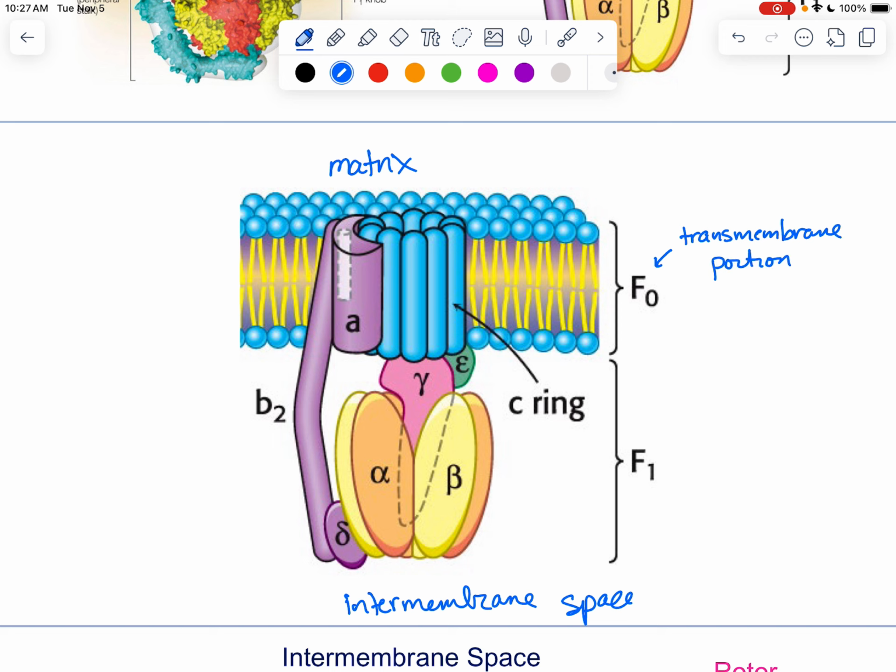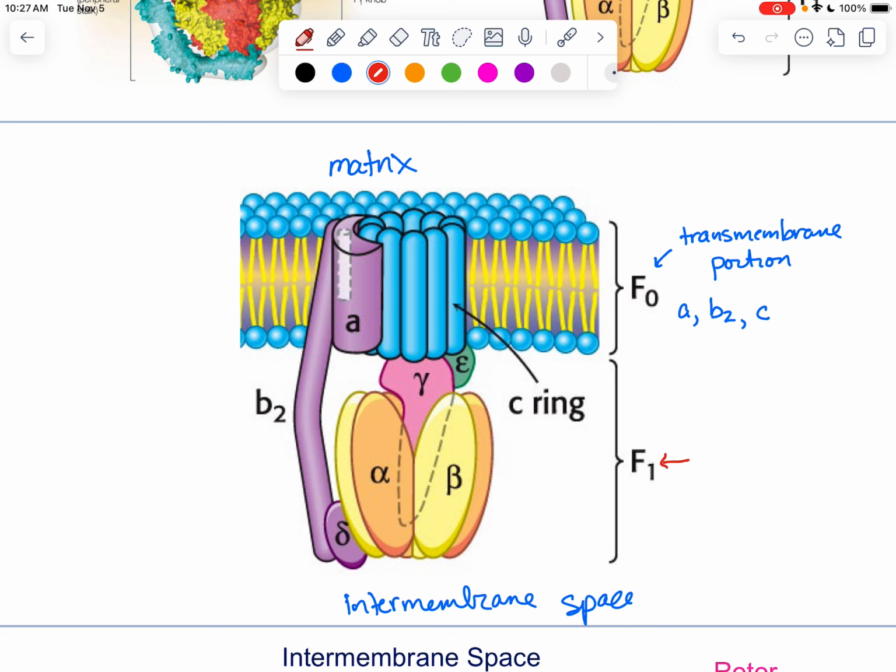Okay, it is made out of subunits A, B2, by which we really mean there are two B subunits, and C. And each of these cylinders here, shown as cylinders, okay, are a C subunit. So there'll be many of those.